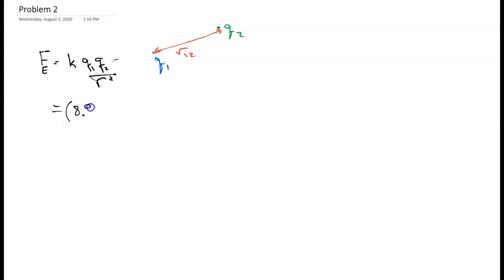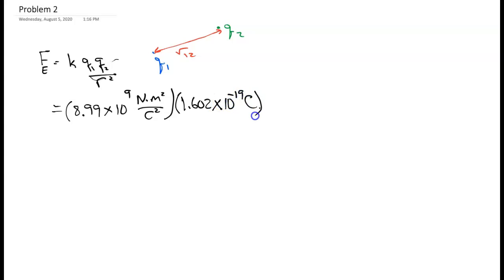The value of the constant K is 8.99 times 10 to the 9th Newton meter squared per Coulomb squared. The charge of a proton is equivalent in magnitude to that of an electron, but it's positive.